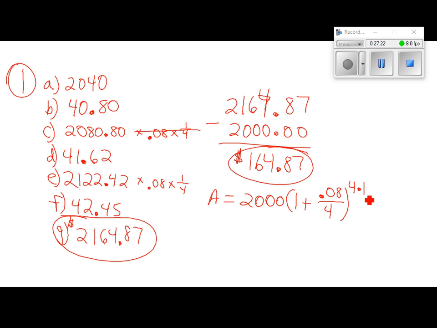Now listen closely on this. When you get to this part, I think this is where you guys are messing it up. There's a little button on your calculator and it looks like this. This is the exponent button.